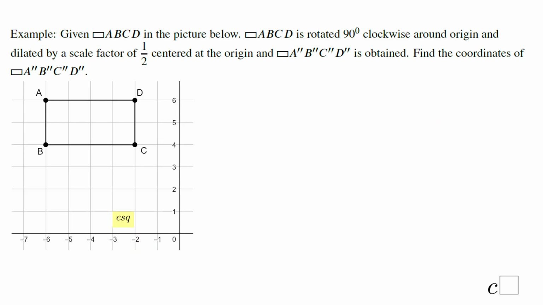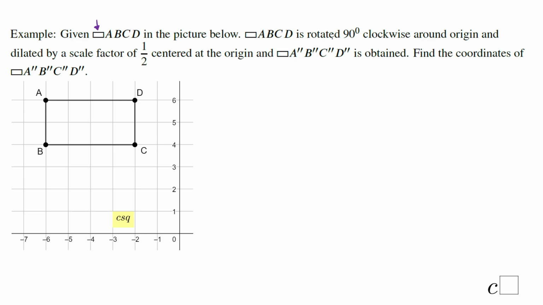My next part of the lesson will be about composition of transformations. If you notice here, we have a rectangle given. This is the rectangle ABCD. We can see that in the picture below.